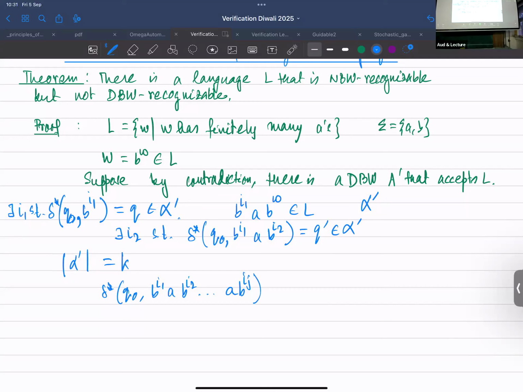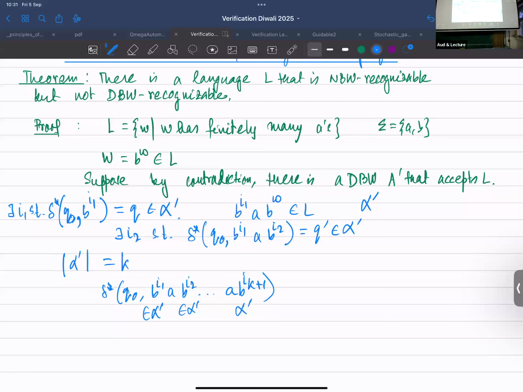If I read up to K plus 1 such blocks, every time I read B^{i1}, B^{i2}, I'm visiting some state belonging to alpha prime, and I have done this K plus 1 many times.